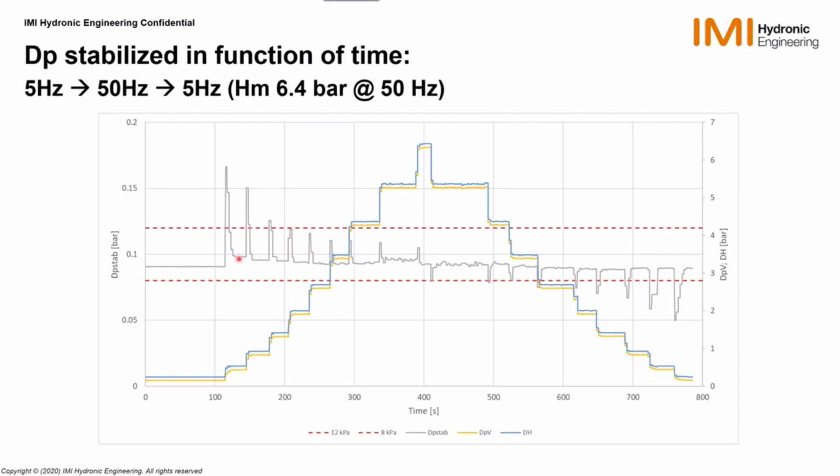In the case of Belimo, it can take 2 to 3 minutes to bring back the stabilized delta P to the value. And this is simply, well, what we believe, because the algorithmics of control they are using is not stable enough. They cannot go faster. If they would go faster, they would be unstable.